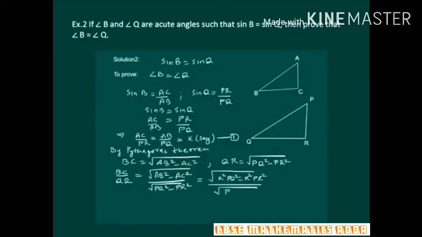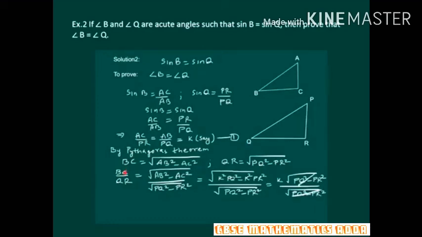Similarly here we can write under root of PQ square minus PR square. Now taking common, K square is common here, so under root of K square equal to K. So K whole into root of PQ square minus PR square divided by root over of PQ square minus PR square. So these two cancel.